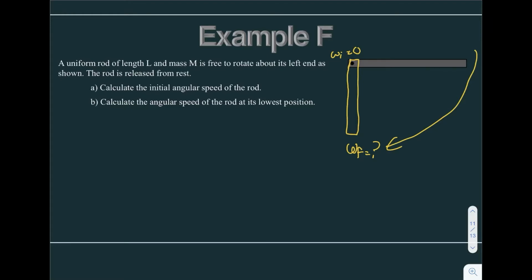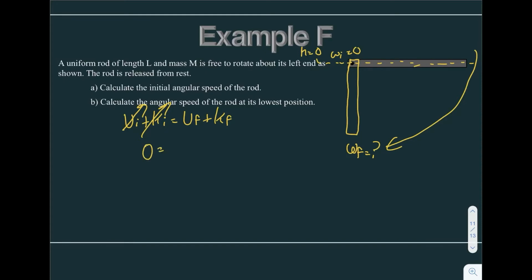So we have Ui plus Ki equals Uf plus Kf. So let's just define zero height at the top. I could have defined zero height at the bottom as well, but I want to do it at the top. It doesn't matter as long as you're consistent here. So for this one, it starts off at zero height and it's not moving. So you have 0 equals Uf plus Kf.